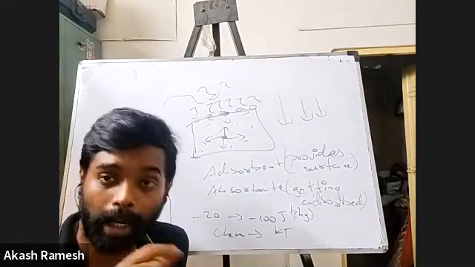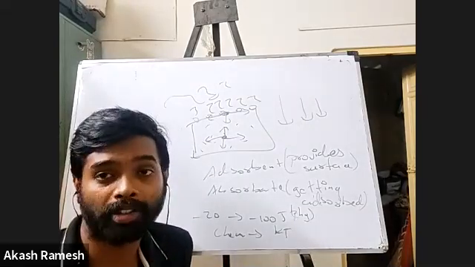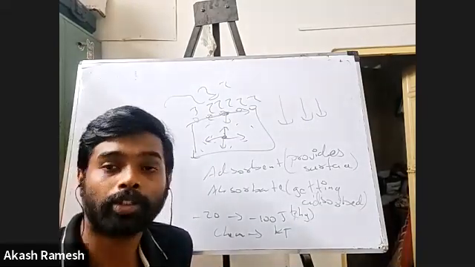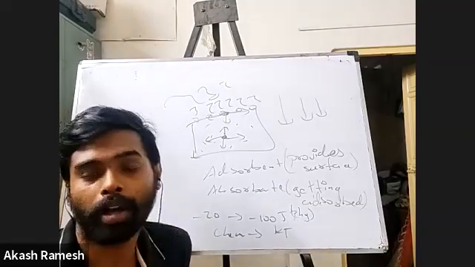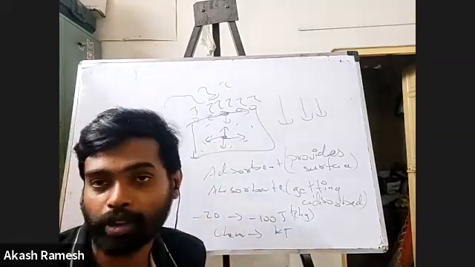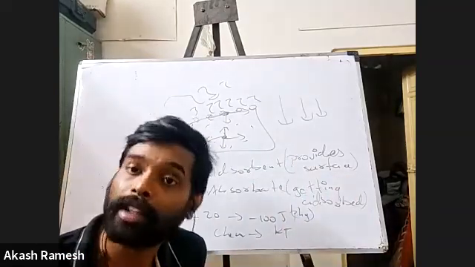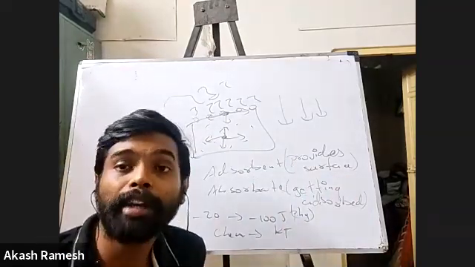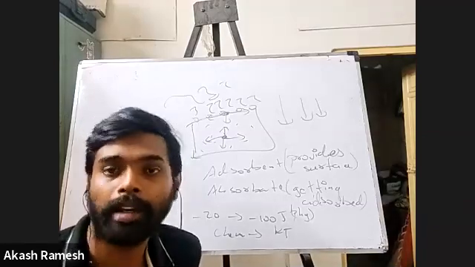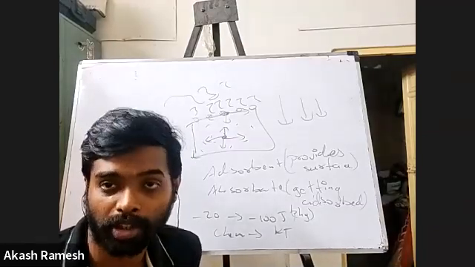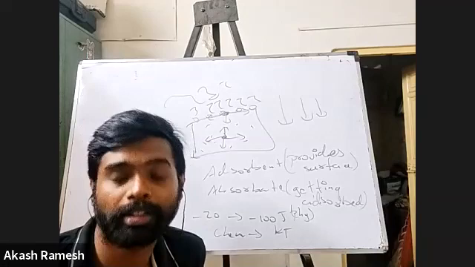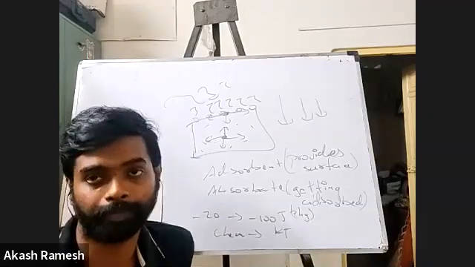Since the forces are very small, I'll be able to remove the adsorbate again. That is why we call physical adsorption reversible. Chemical adsorption, since it involves strong actual chemical bonds, is an irreversible process.